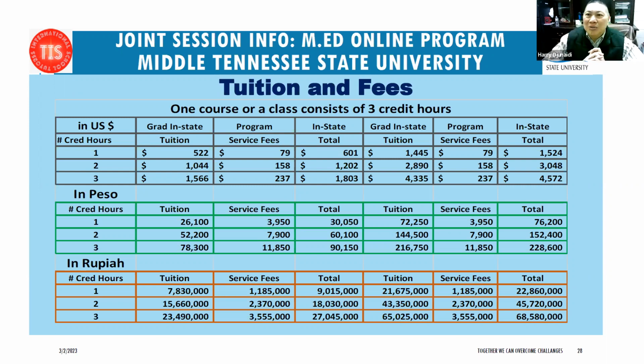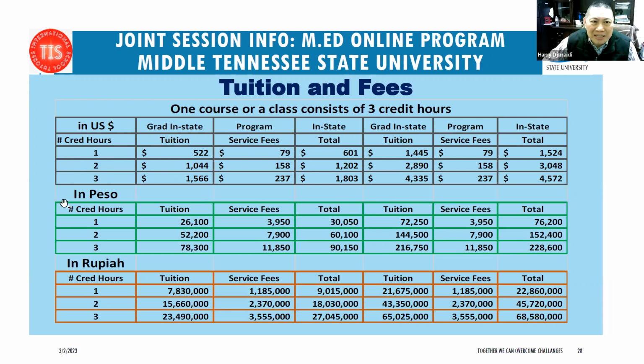Back to Teacher Venus' question. If you look at this tuition and fees, this is on a per hour basis. Let's see the top one. You see the number of credit hours? 1, 2, 3, right? On the left, 1, 2, 3.